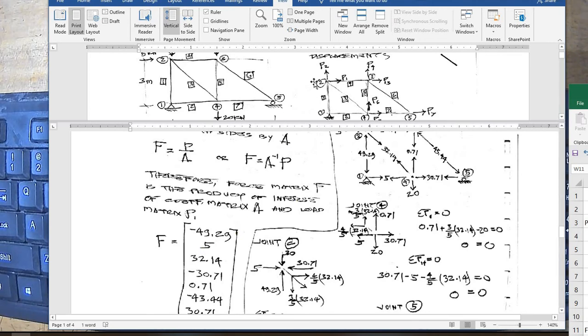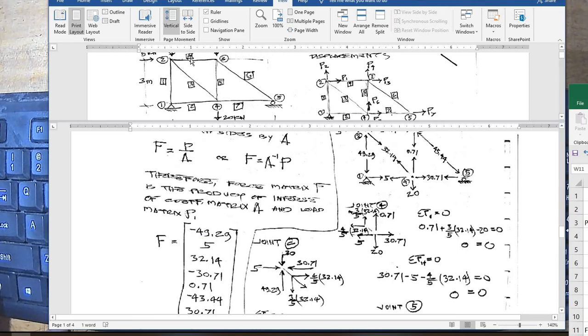Next, let's go to F3, which is 32.14. It is positive, meaning your arrow is going away from the node. What does an arrow going out mean? That is simply tension. So, positive means tension, negative means compression.